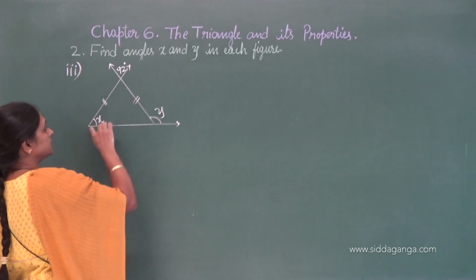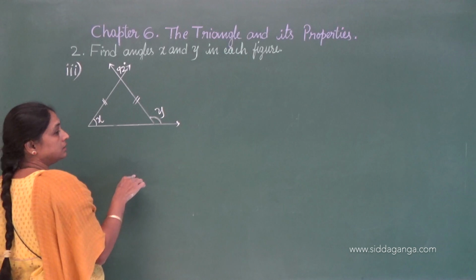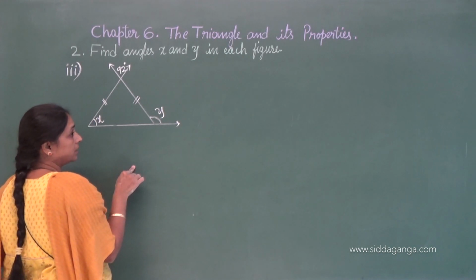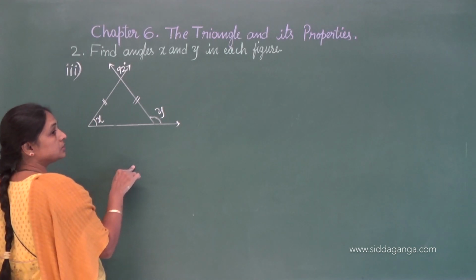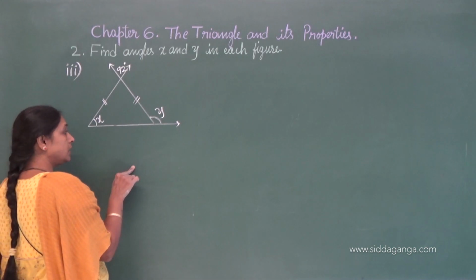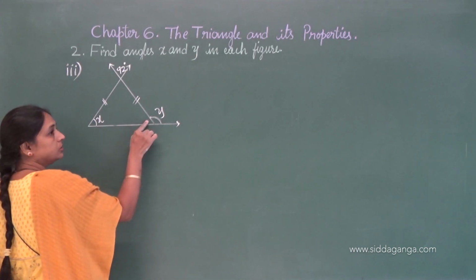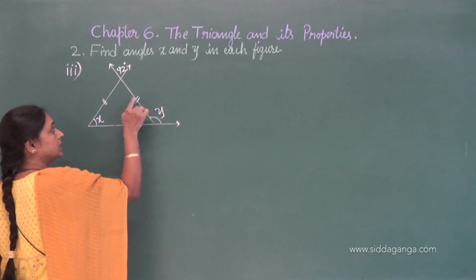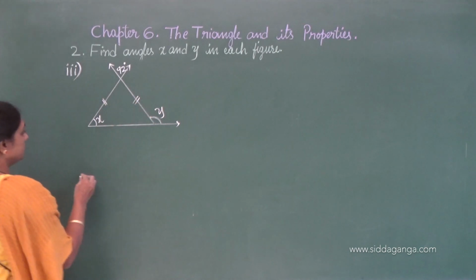Here two sides are equal, then it is an isosceles triangle. From the property of isosceles triangle, we can write that the base angles are also equal here because these two sides are equal.